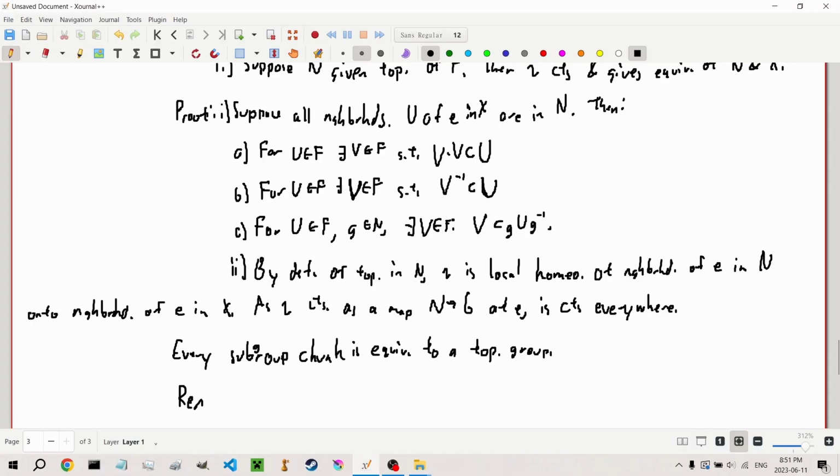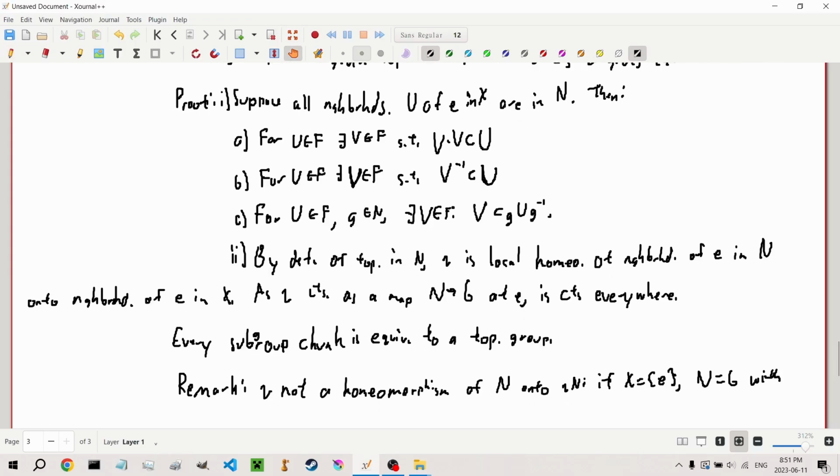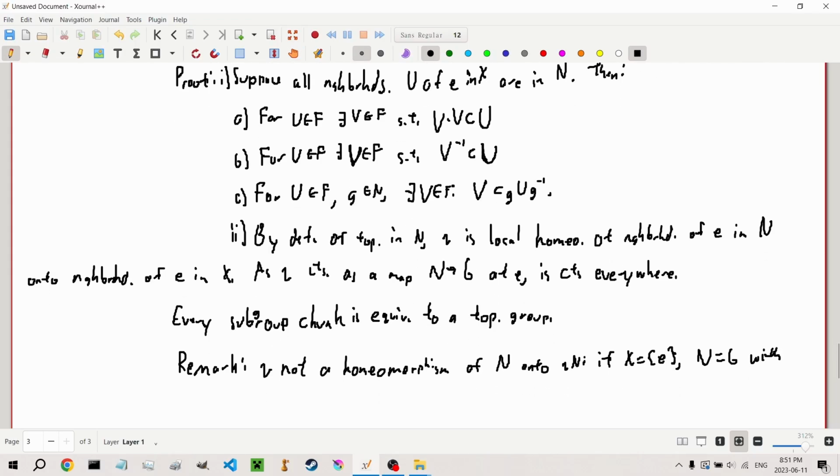And it is worth noting, I is in general not a homeomorphism of N onto its image. If X is E, N is G with the discrete topology.